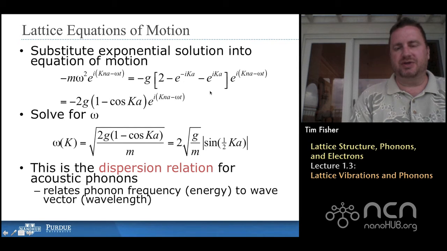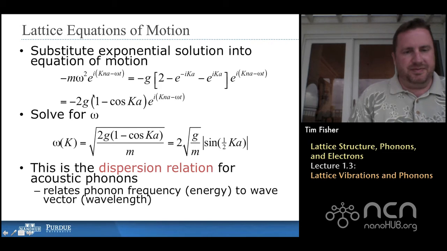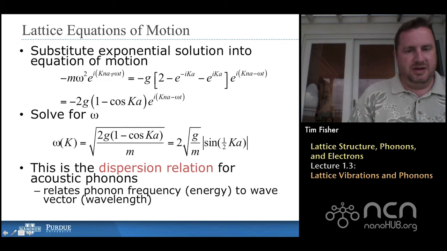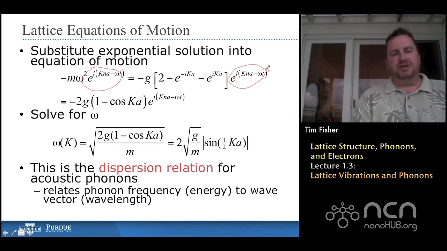And so we took the derivative of the potential energy as our force expression. The nice thing is that when we collect terms and take derivatives, we have on both sides, left and right, an imaginary term, e to the i (kn minus omega t), that shows up on both sides. And those cancel, of course.